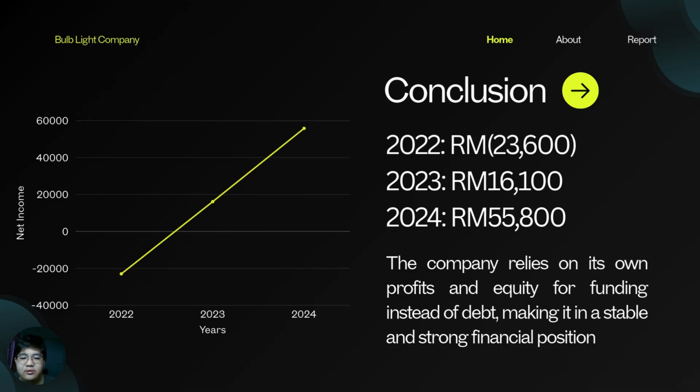Lastly, in 2024, the company achieved a strong net profit of 55,800 ringgit, resulting in a positive accumulated retained earning of 48,300 ringgit. The company relies on its own profit and equity for funding instead of debt, making it in a stable and strong financial position.